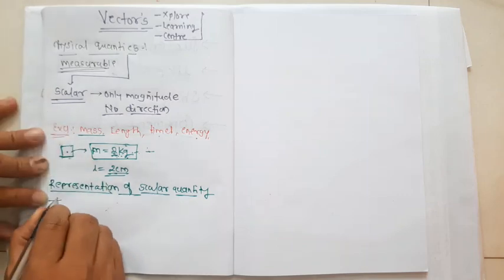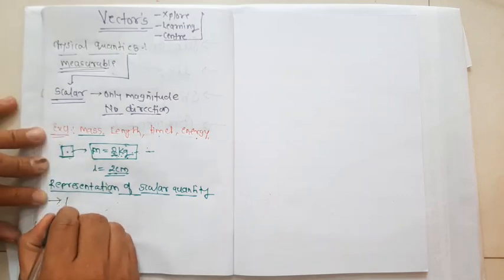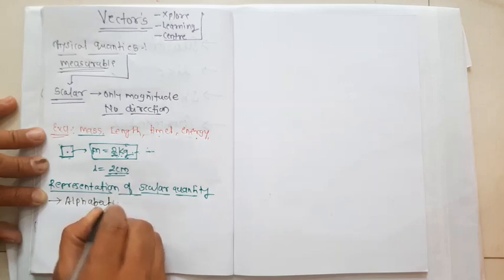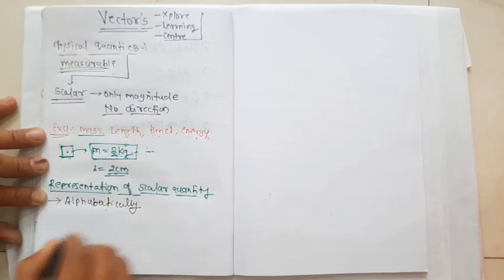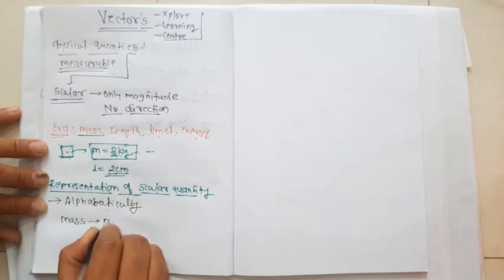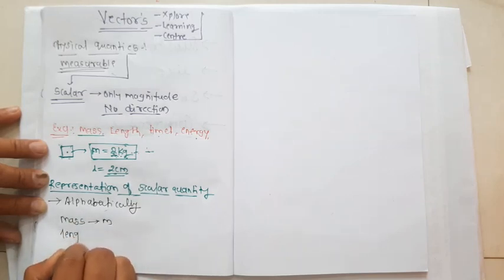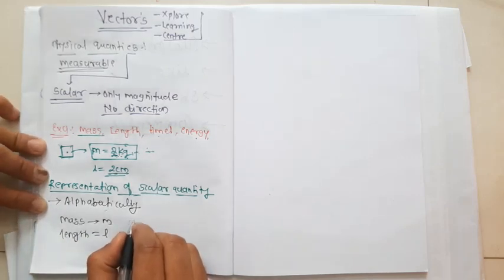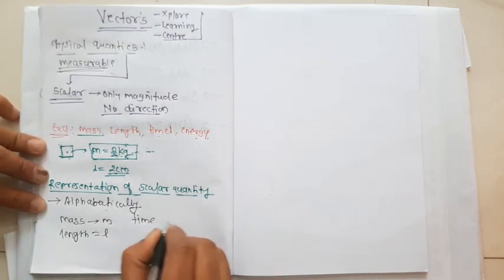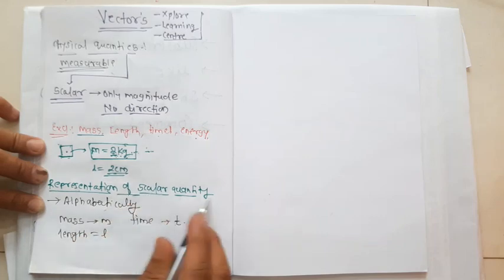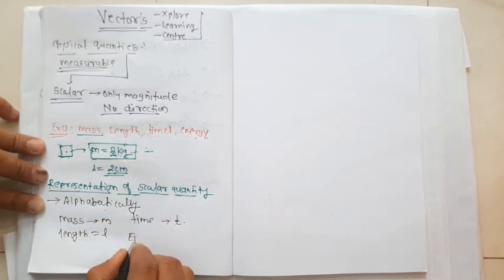You can represent a scalar quantity simply alphabetically. For example, mass is represented as small m, length is represented as L, and time is represented by T. So you can represent everything symbolically.